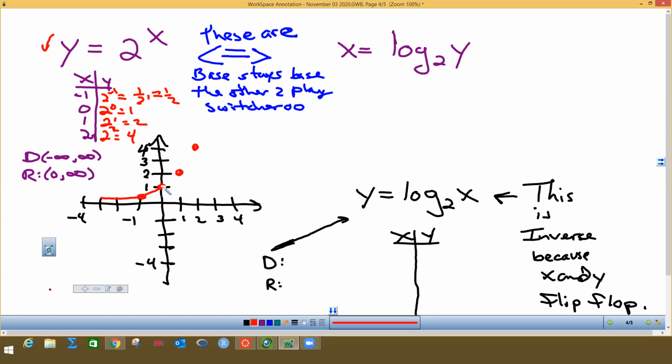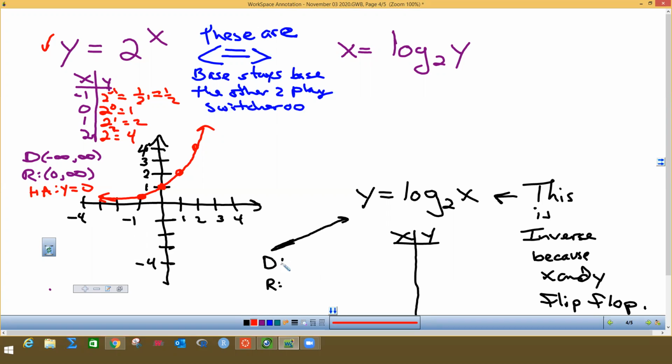Just like the 3 to the x power that I did in the notes, the domain for this one is -infinity to infinity because it goes left to right forever, and the range is above 0 and goes to infinity. So there's a horizontal asymptote, which is the x-axis, y equals 0.